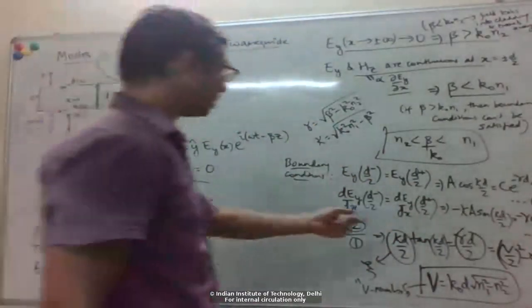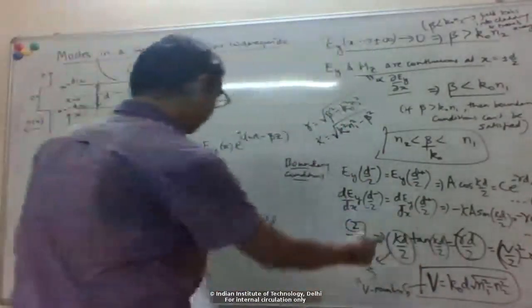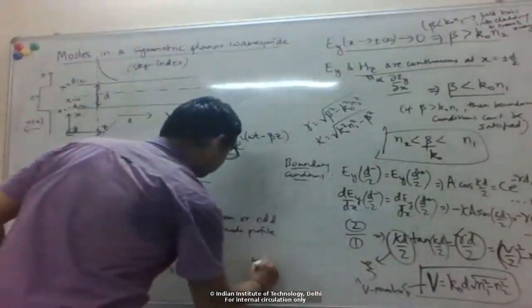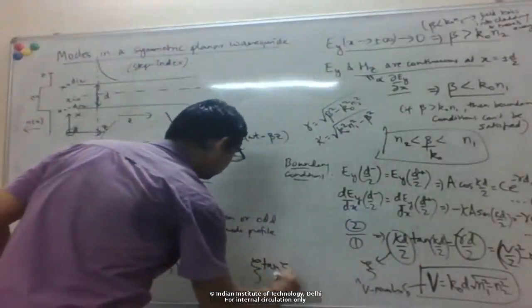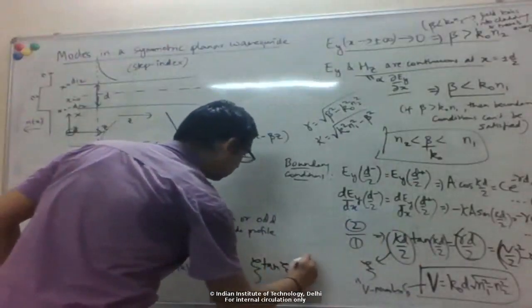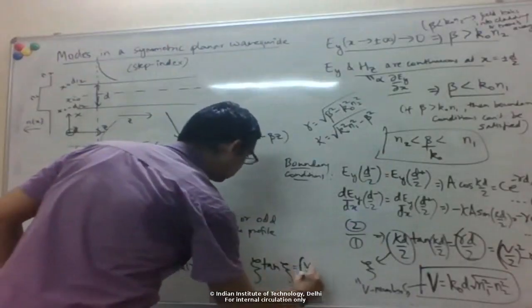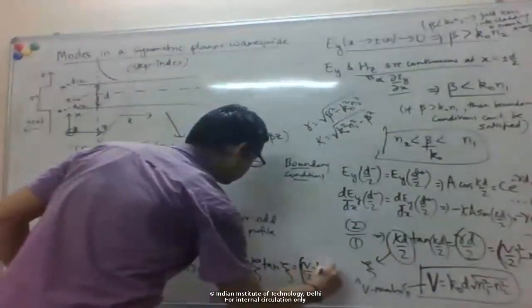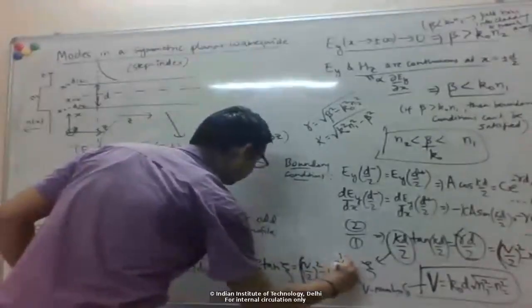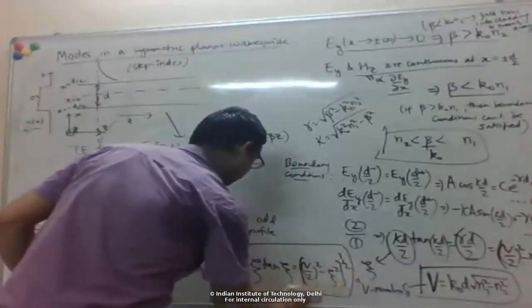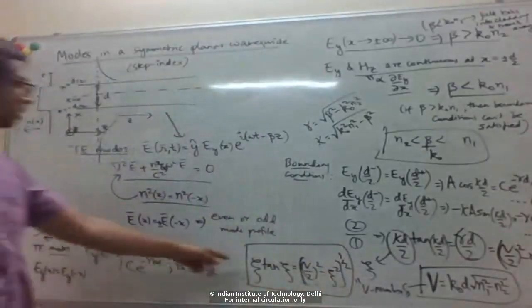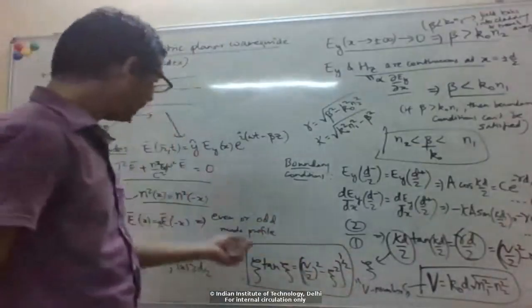Okay, so basically the equation that you get here is a transcendental equation in zeta.